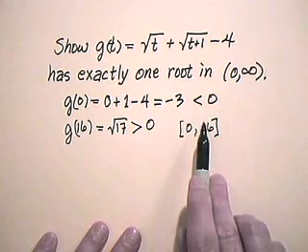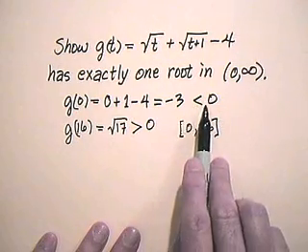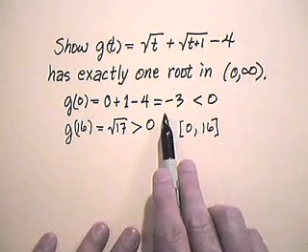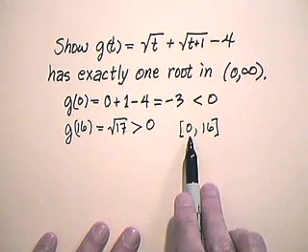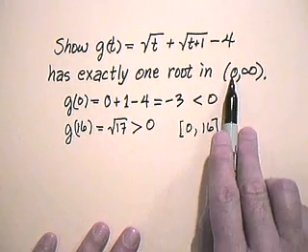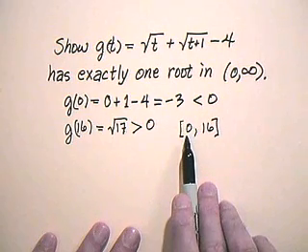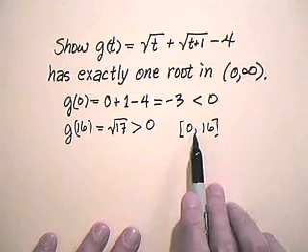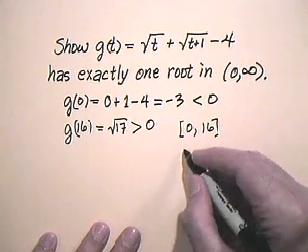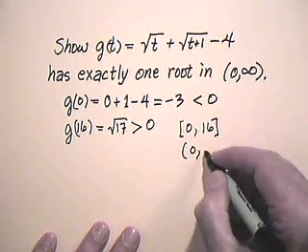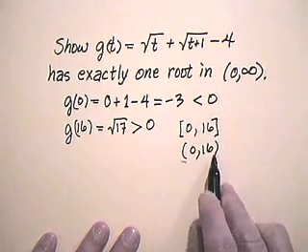Now, notice that since the value at 0 is negative, that root can't be at 0, so it will be in the open interval 0 to infinity.